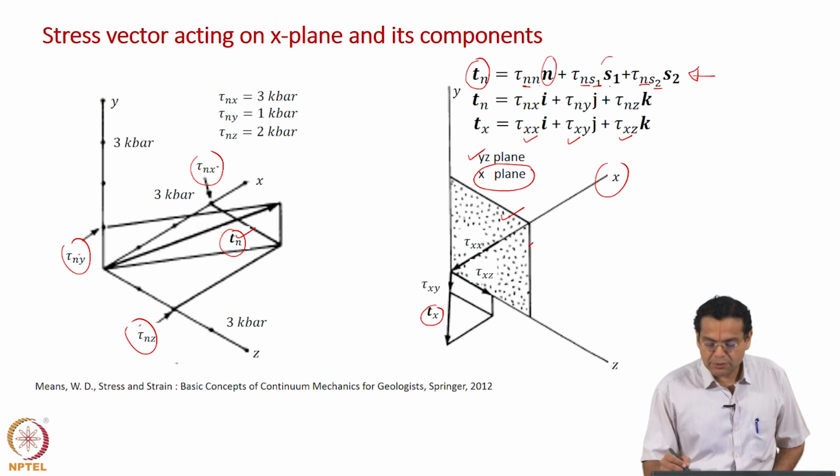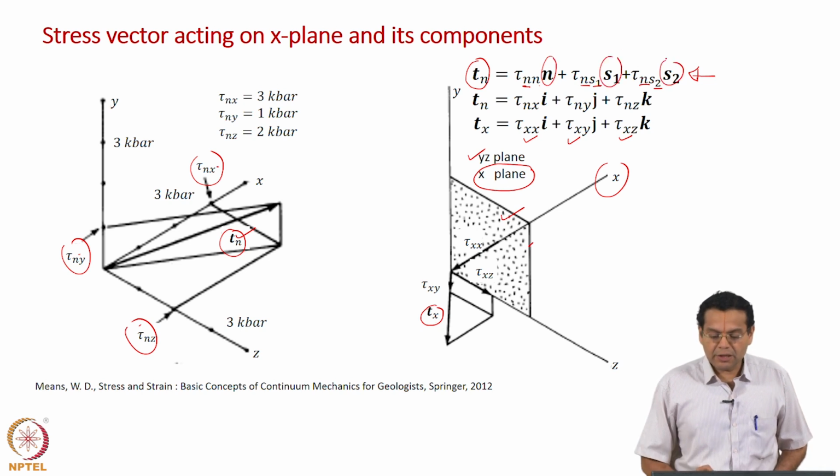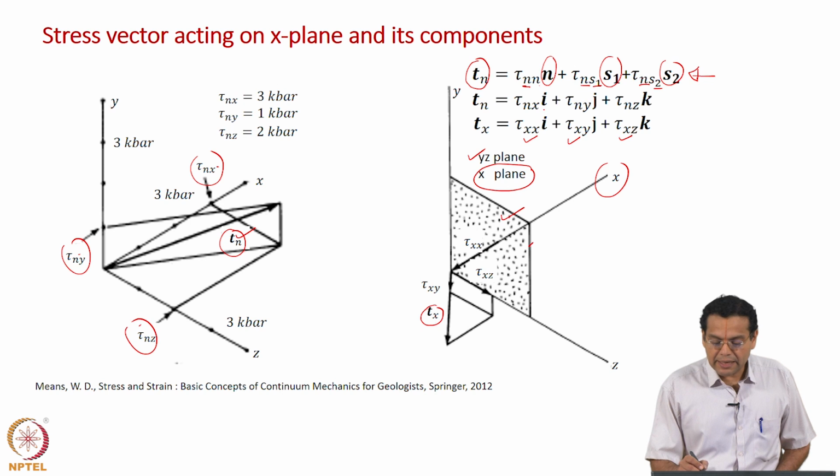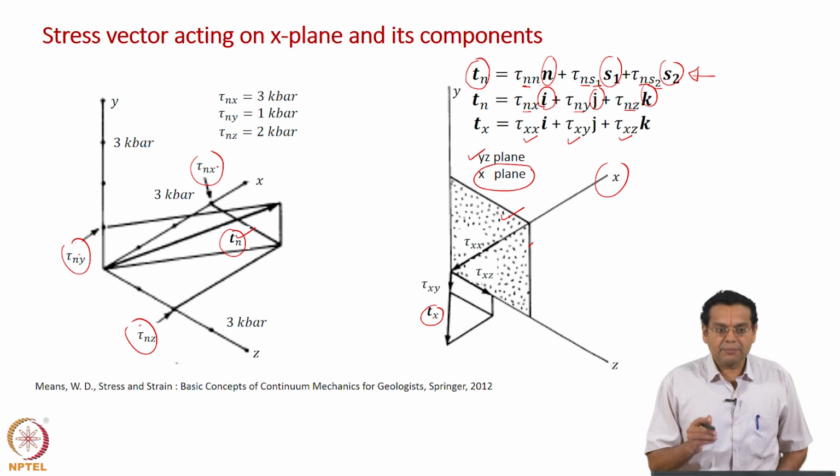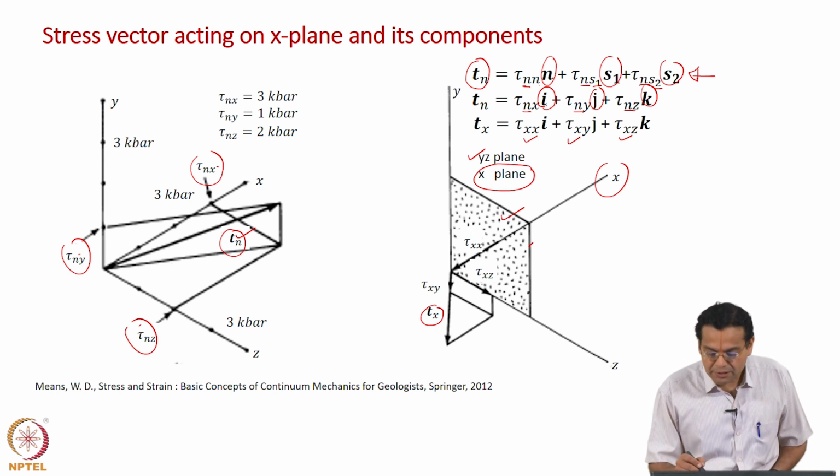Next step, what did we do? We resolved along the x y z axes, so the unit vectors became i, j, k, and the components still had n. The first subscript is still n because it is any plane, but because we resolved along the x y z axes, the second subscript became x y z.